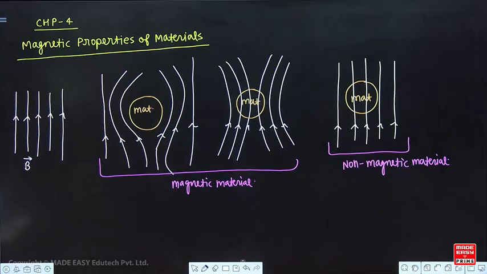But in many substances the effects are so weak that the materials are often considered to be non-magnetic.